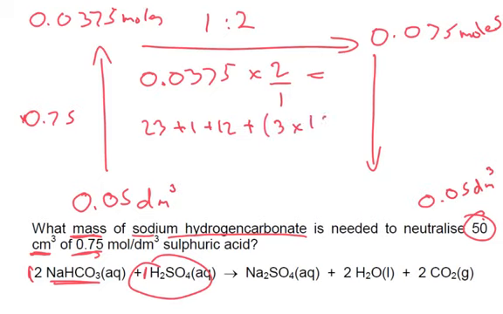So the molar mass of sodium hydrogen carbonate is 23 plus 1 plus 12 plus 3 times 16, and we get 84. So finally 0.075 times 84. This is going to tell us the final mass. We are going to need 6.3 grams. That's our final answer.